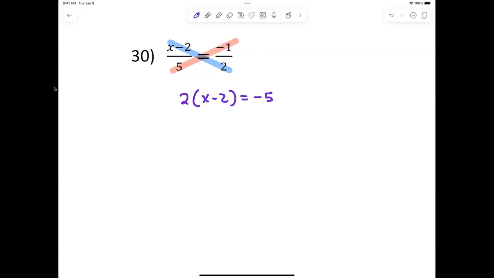No, because 5 doesn't divide by 2 evenly. So let's distribute. 2x minus 4 equals -5. Adding 4. 2x equals -1. X equals -1/2. Anybody have any issues with that?